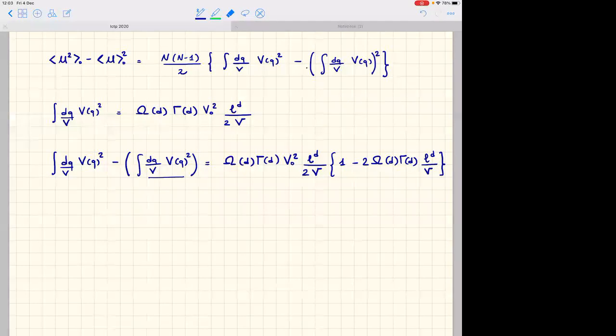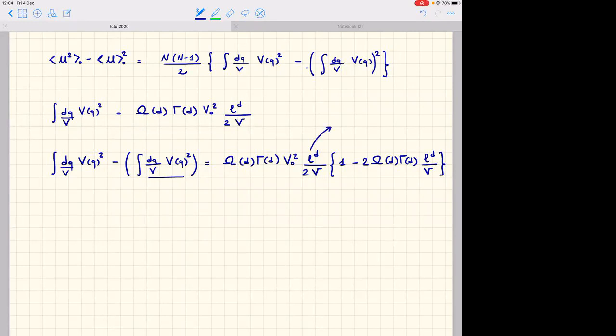All right. And now you see something interesting. I'm assuming that I'm doing a perturbative expansion, and therefore assuming that my gas is a low density gas. What does it mean?